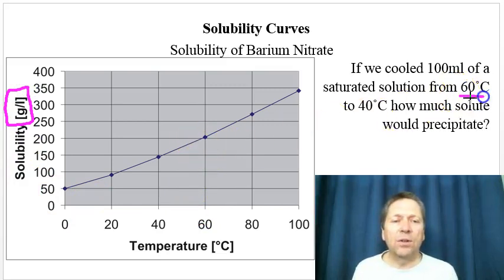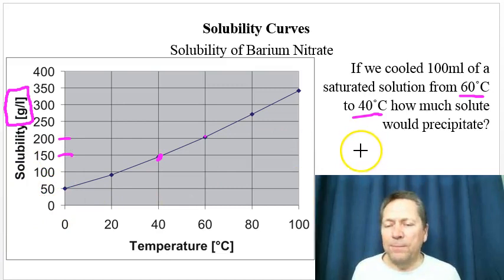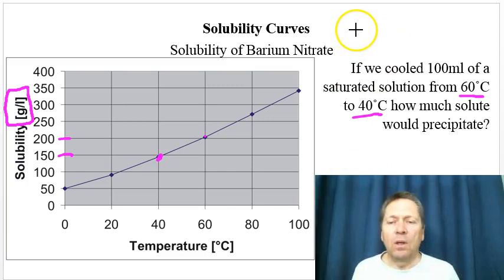At 60 degrees, we've got a point here on the graph. And at 40 degrees, we've got a point down here on the graph. If we read across to how many grams per litre that is, we've got 200 grams there and 150 grams there. So the difference between 200 and 150 is 50.